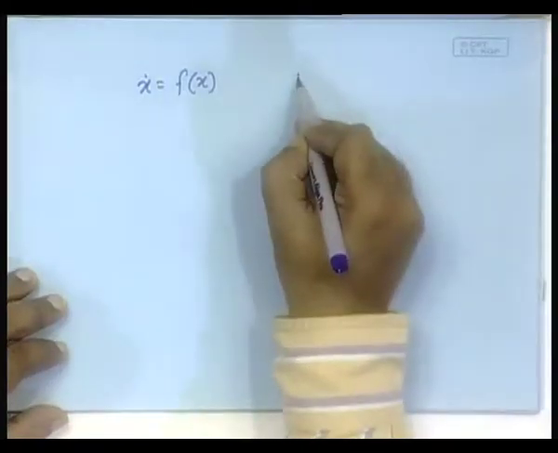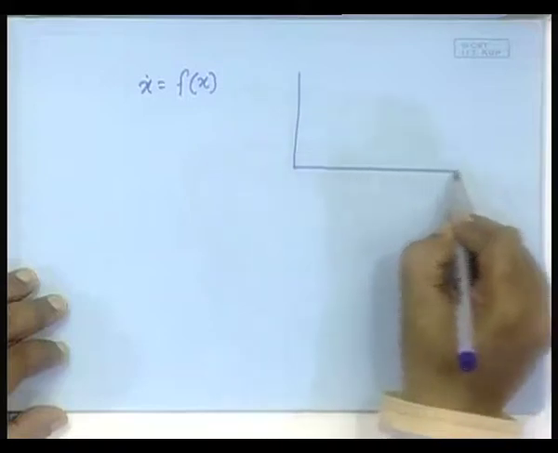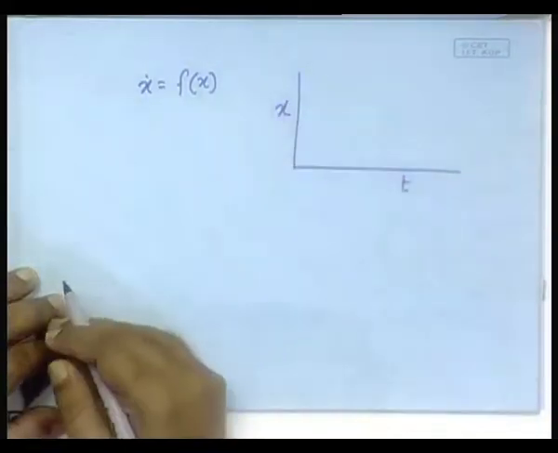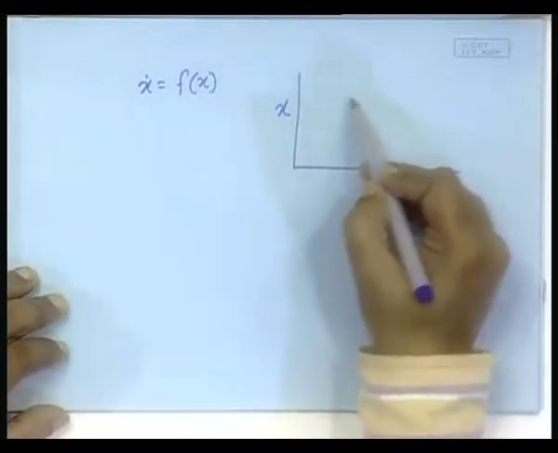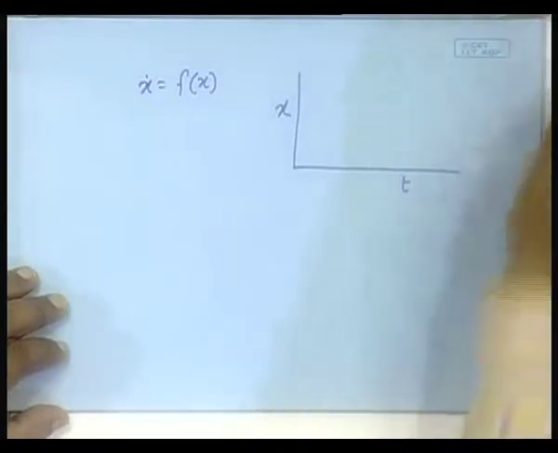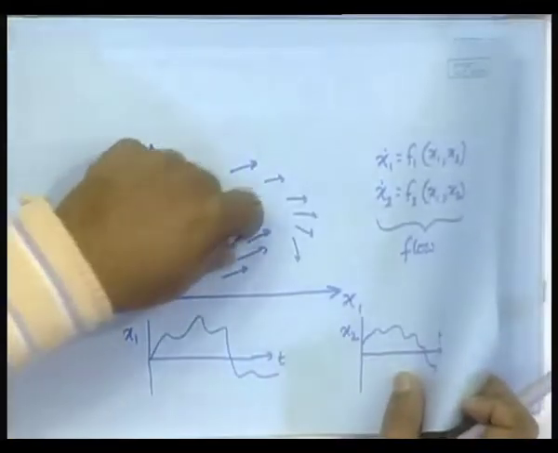And what we are trying to do is to plot against time the value of x, which would actually be a continuous line, but we will not be able to obtain a continuous line because we are taking finite steps.